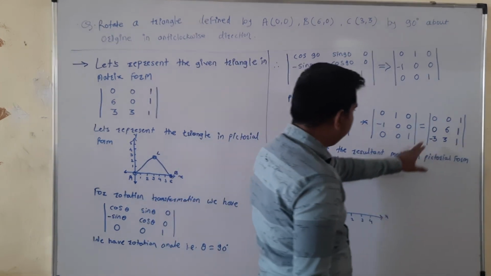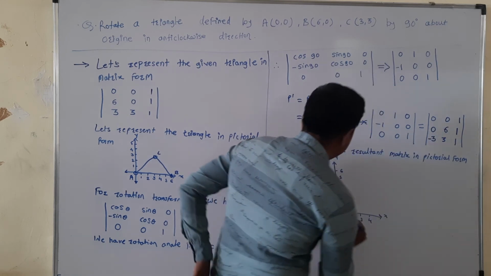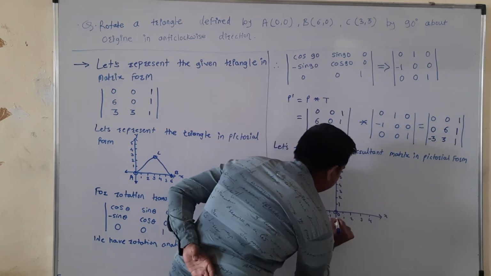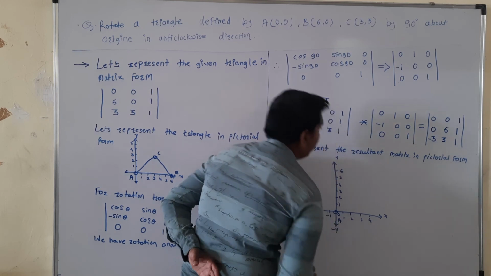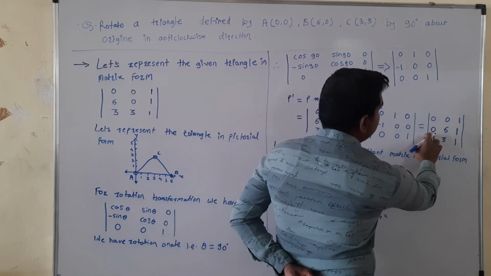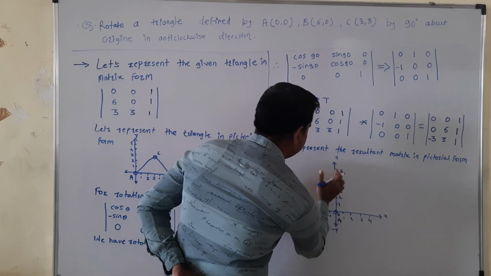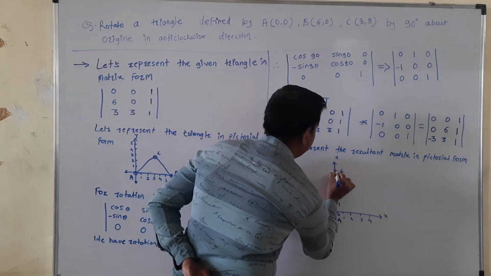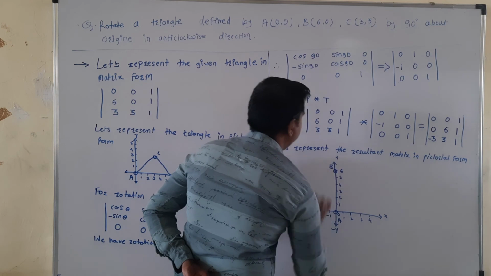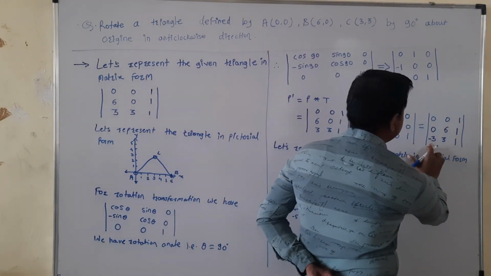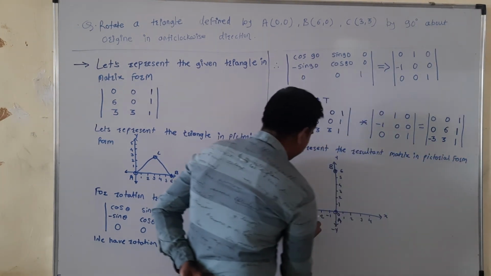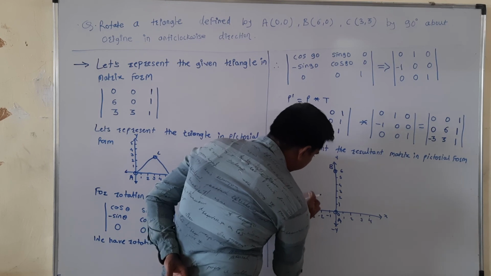So the first point coordinate is 0, 0. That means here we get the first point, that is A. Then 0, 6: 0 and 6 is here. So here we get the next point B. Then the third point is at minus 3, 3. So minus 3 and 3.